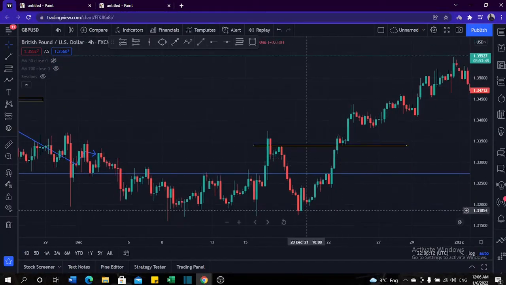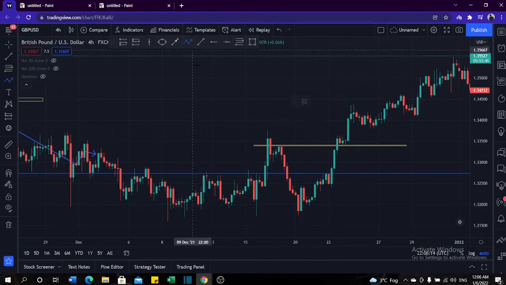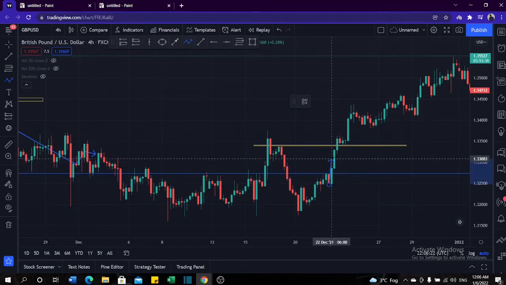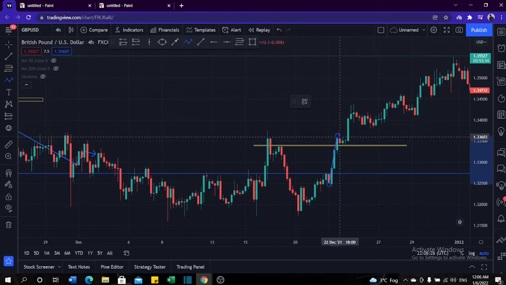As we can see here, I'm going to consider only this minor support and resistance area. So price came and broke the support/resistance area. It tried to break below. We can see the bearish candle, the red candle, but then the next candle was bullish, and it went upwards.